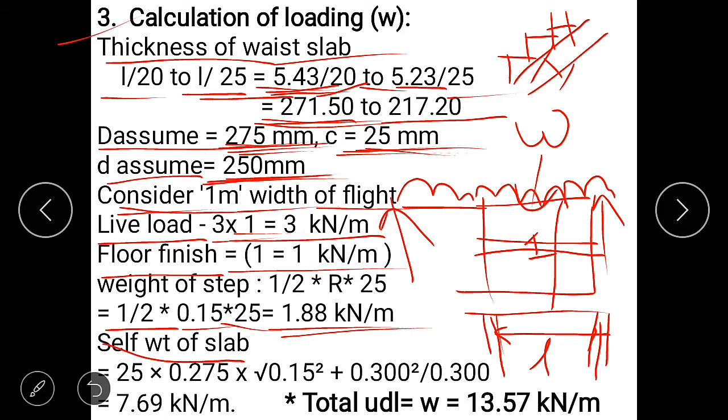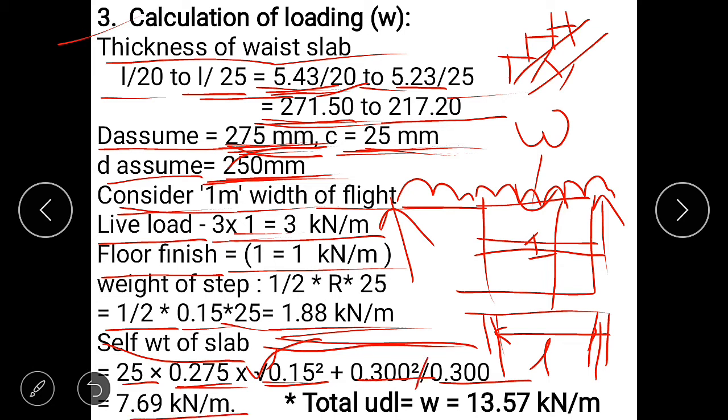Now self weight of slab. Self weight of slab is 25, the density of concrete, into depth D, capital D is 275 mm, so 0.275 meter, into rise plus tread divided by tread. So rise is 0.15 meter plus 0.30 square root, divided by 0.3.